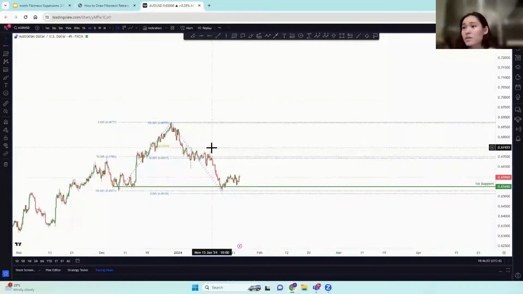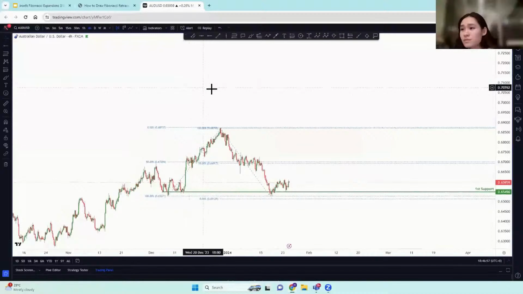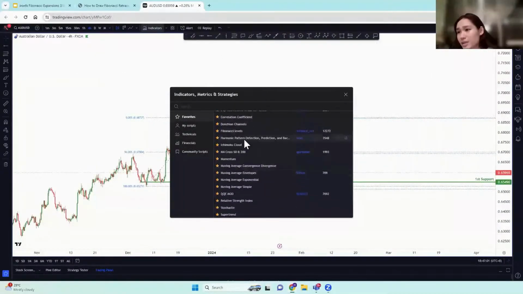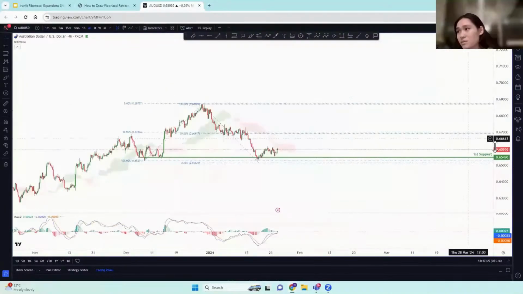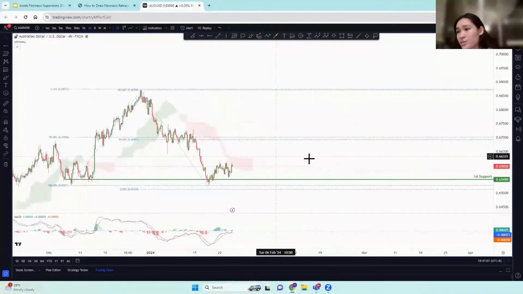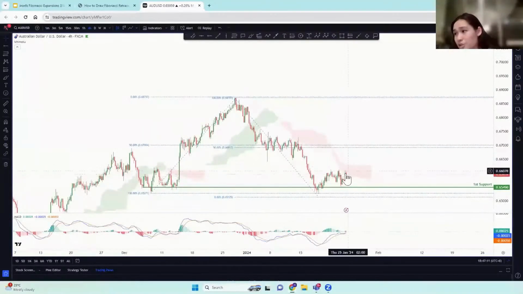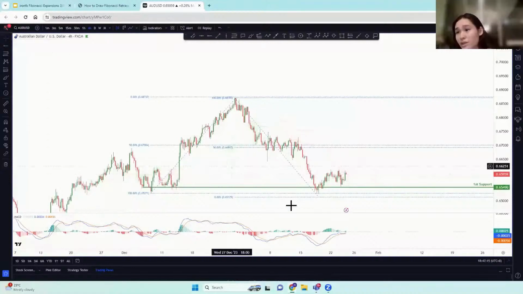Okay. Now let's look at some indicators. Price is moving below the Ichimoku cloud, so it's giving us a bearish signal. Actually, it's moving within a cloud, so we can't even use that.